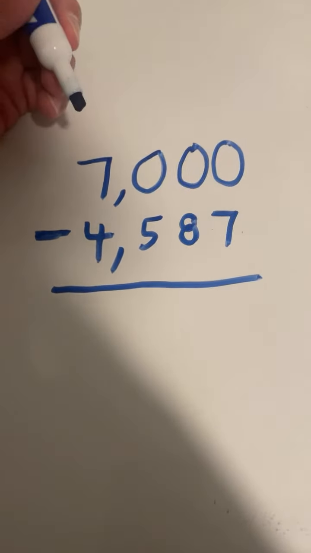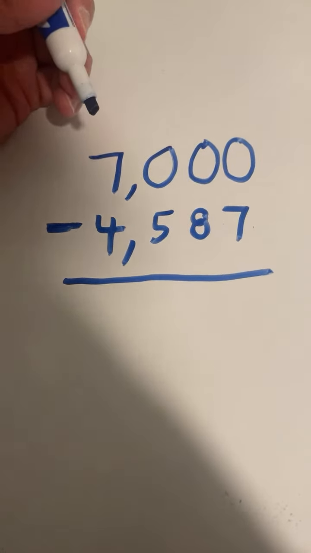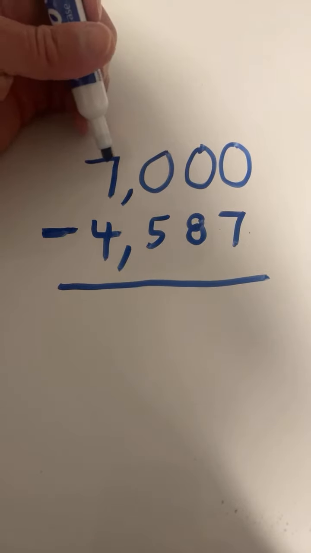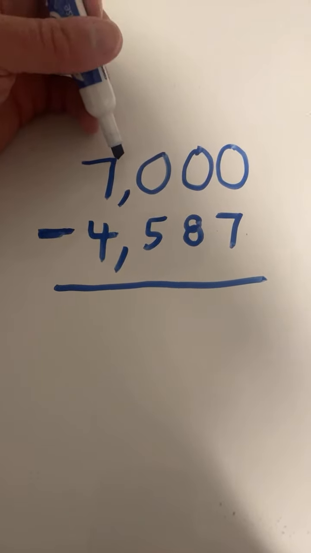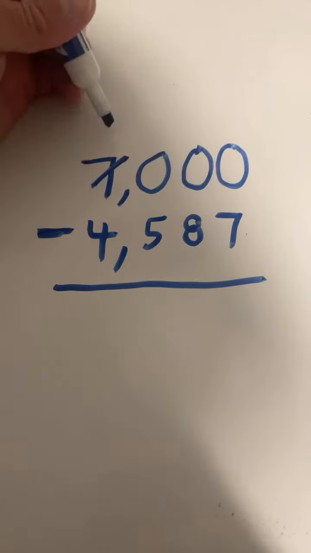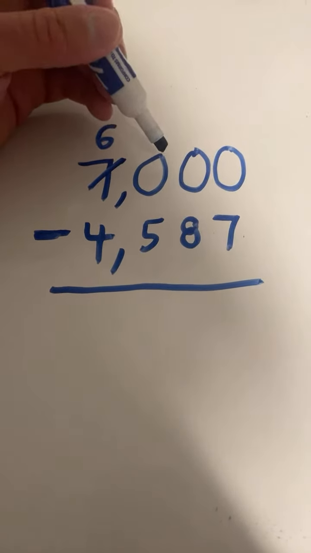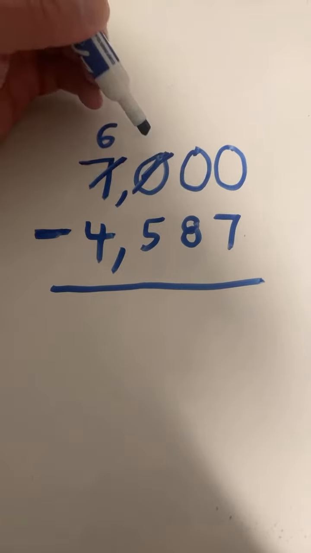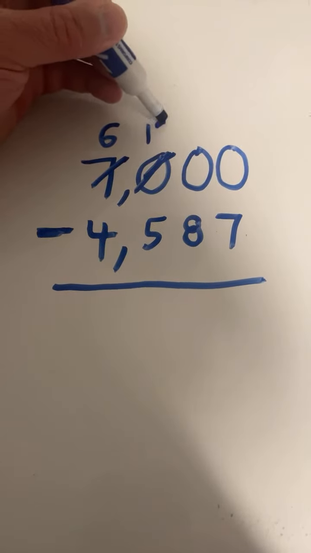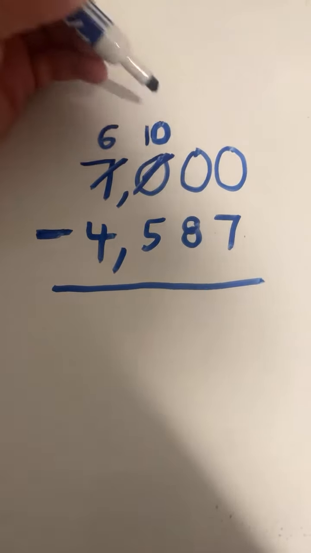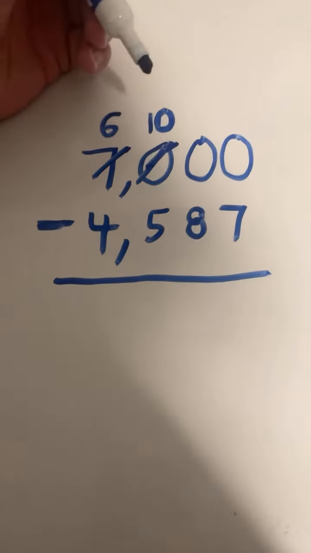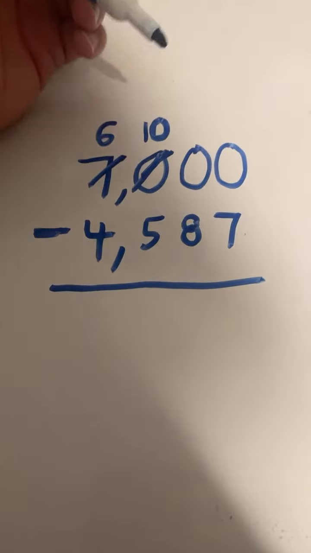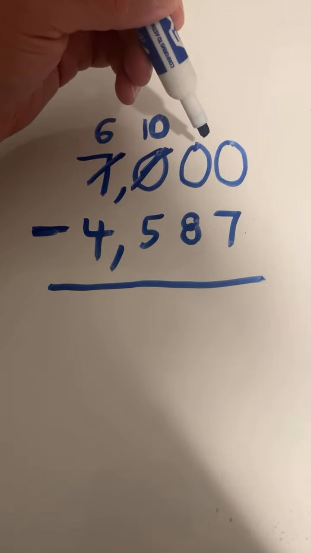So we're going to start off regrouping from left to right. So looking at the thousands place now, the 7 is going to become a 6, and the 0 is going to become a 10. We are taking a 10 from the thousands place, adding that to the hundreds place. Now we're going to go to the tens place.